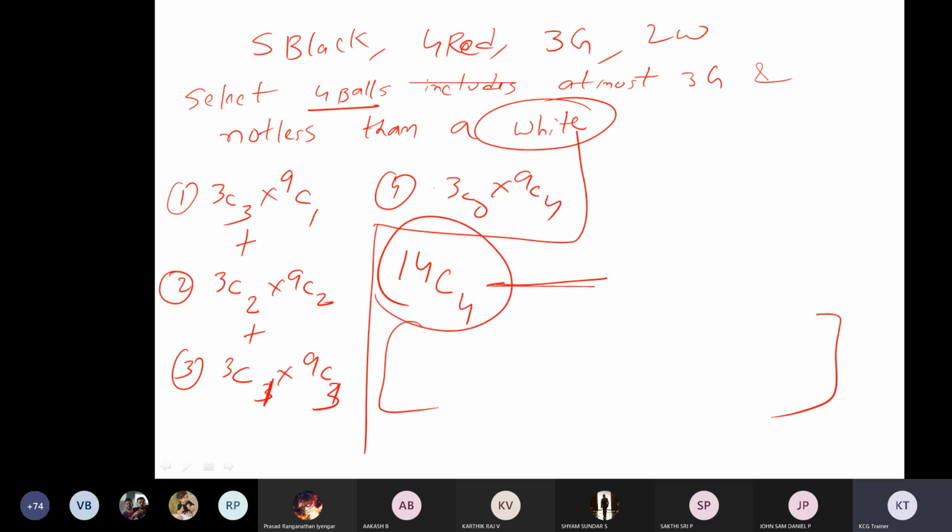We prefer shortcuts only when the normal way has 4 cases, but the shortcut has only 1 or 2 cases, not more than 2. If the shortcut has 3 cases, better to go with the normal process because in shortcut you get bigger combination values, like 10C4, 9C3. Those things will take time. So we prefer the shortcut only when there are maximum 2 cases.